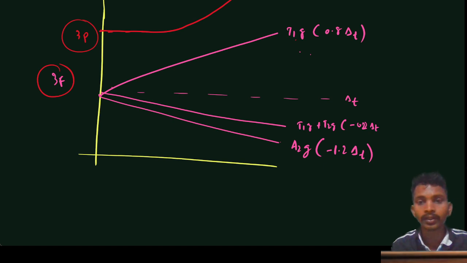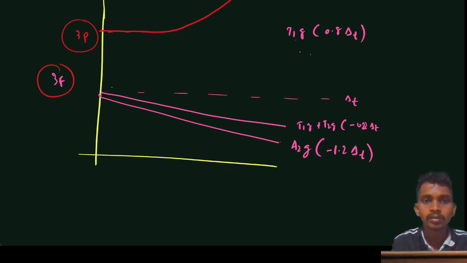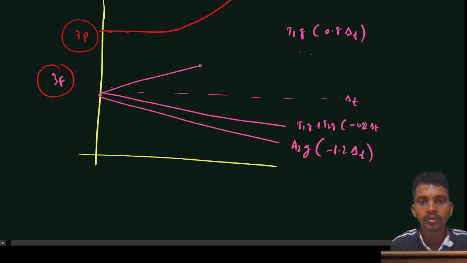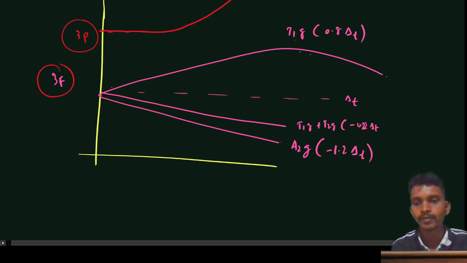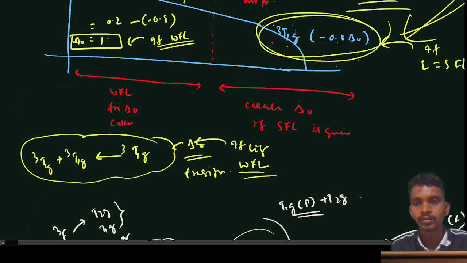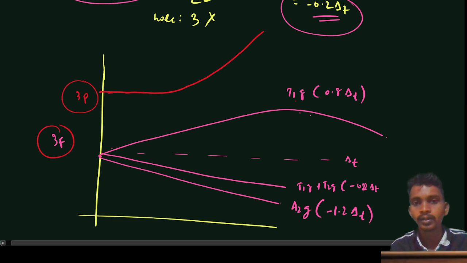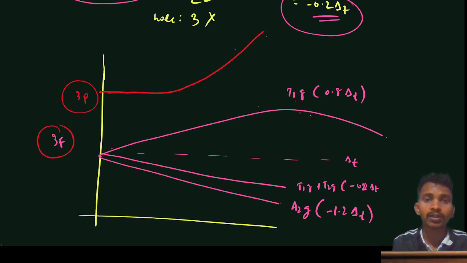So this is T1G, and this also gets repulsions. So these are bent, so using this we can't calculate the delta t. The lines which are not bent, only there we will calculate the delta t. So I will have to use this one. Okay, this is the delta t.